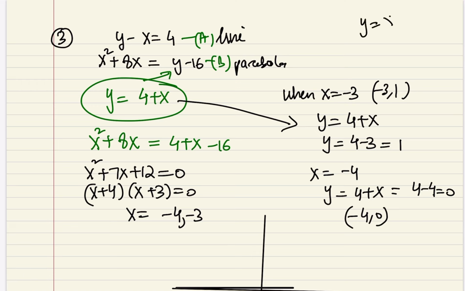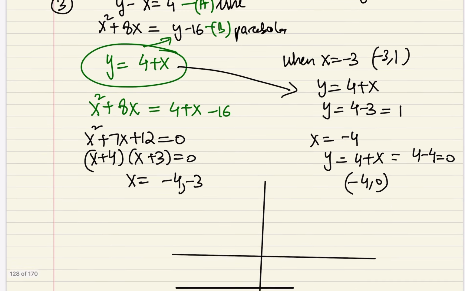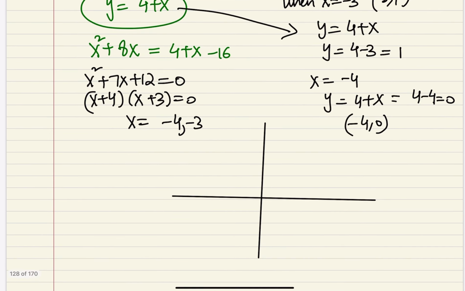They are meeting at negative 3, 1 and negative 4, 0. When x is negative 4, y is 0.